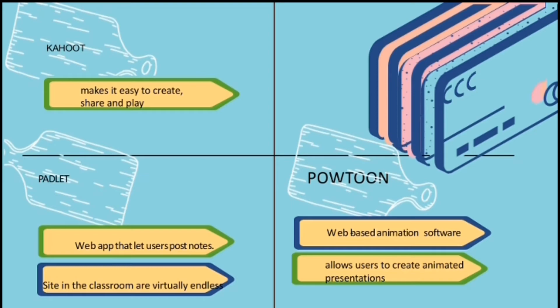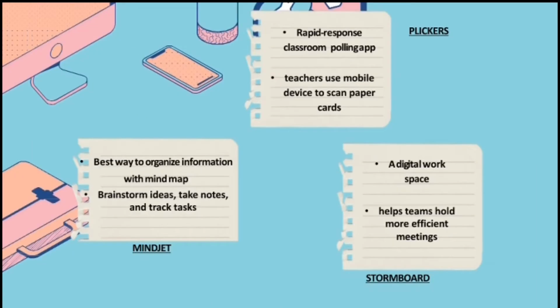Powtoon, a web-based animation software. It allows users to create animated presentations. Plickers is a rapid response classroom polling app. Mostly, teachers use mobile devices to scan paper cards for Plickers.